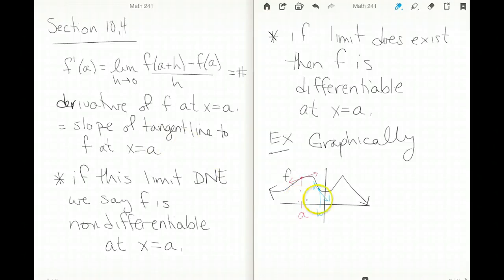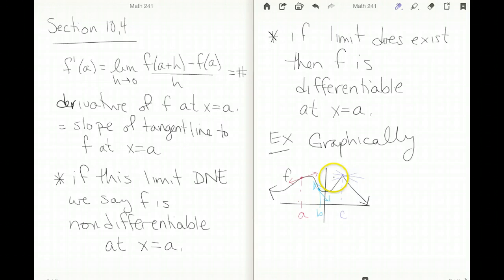But let's think about what about right here? Let's try purple. If we were to draw a dot there, let's consider this C. If that's C, how do we draw a tangent line? Well, this is an issue because there are lots of options. It's kind of like the top of a seesaw. You could put it like that, but you could also put it like this. We don't know how to set it on there.